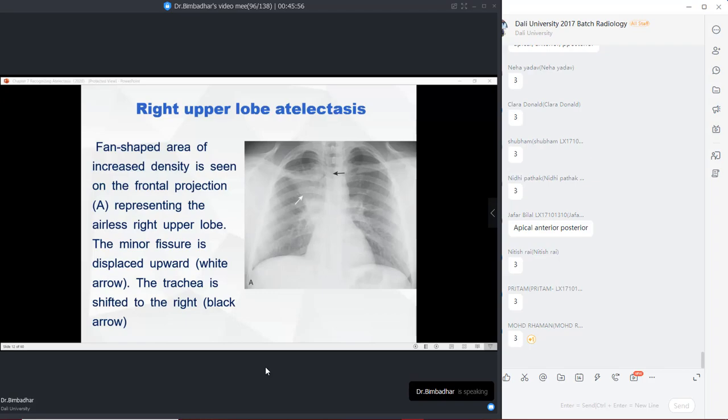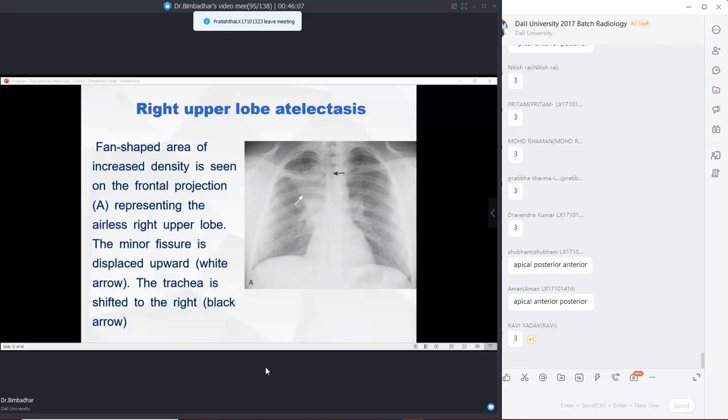The right has, just give me a minute. Apical, anterior, and posterior.